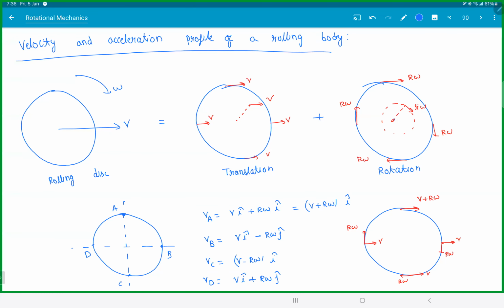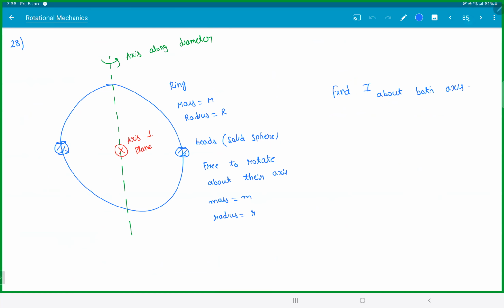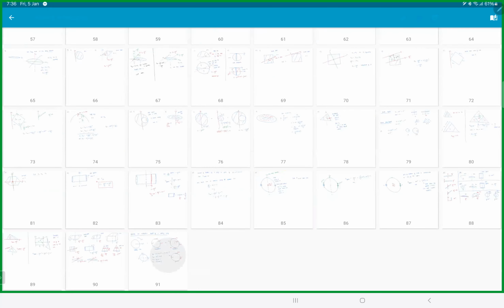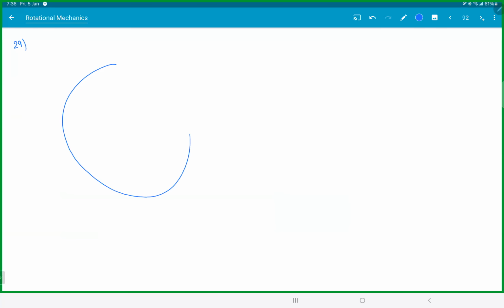Let's see a question on this. We have a disk here, which is going with V, and it is rotating with 3V by R. So from the center here, there is a point A at an angle of 30 degrees and the distance is R by 2.